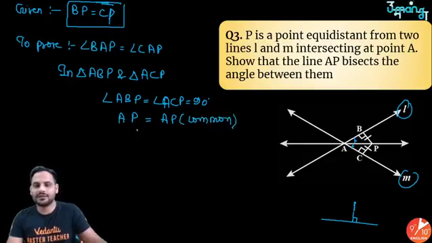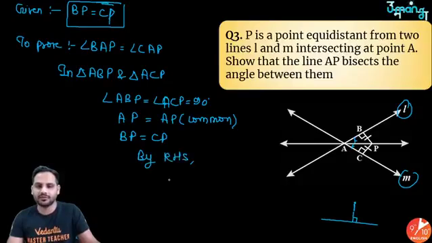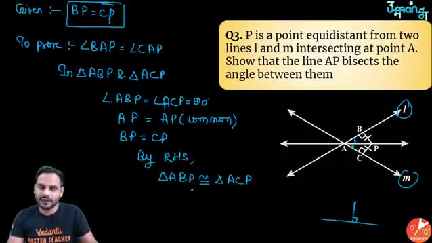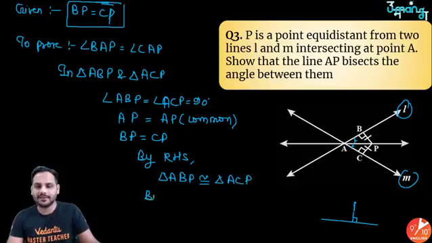And then one more thing is given to us, that BP is equal to CP. So right angle hypotenuse side rule, I can say very well that sir by RHS rule, triangle ABP is congruent to triangle ACP, and if they are congruent to each other by CPCT, I can say that sir angle BAP is equal to angle CAP.